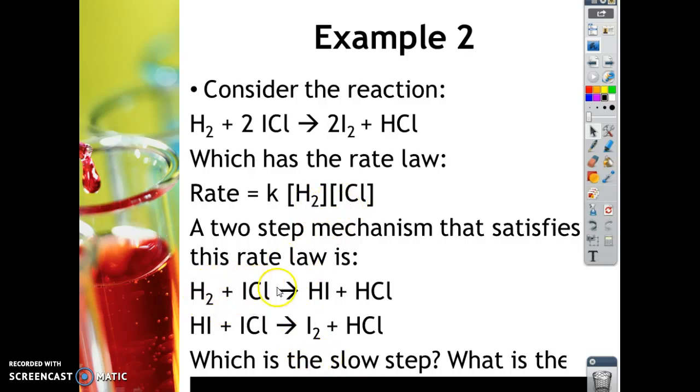H2ICl, there it is. That's our slow step. But what happens in between? Our HI is converted, okay? That guy's not in my final reaction. He's converted over here to ICl, and then, or he's combined with more ICl, and then he's converted to I2. So we can not only say, oh, this is definitely our slow step, because those are our reactants that are in our rate law, but we also know what our intermediate is. What would cancel here on both sides? My HI, so that's my intermediate.